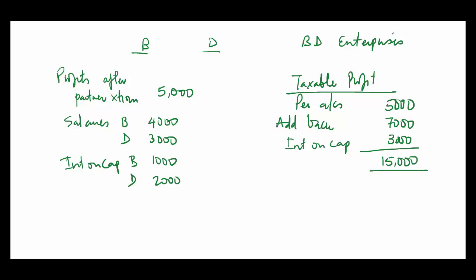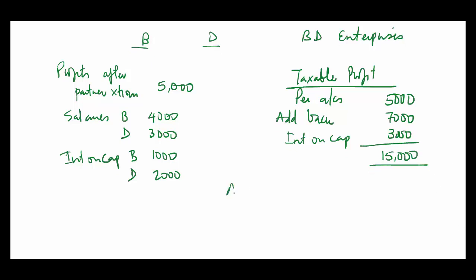Now when it comes to the profit sharing, we have B and D. What we'll be doing is to ensure that at the end of the day we don't get losses. Yeah, so this example is not correct.